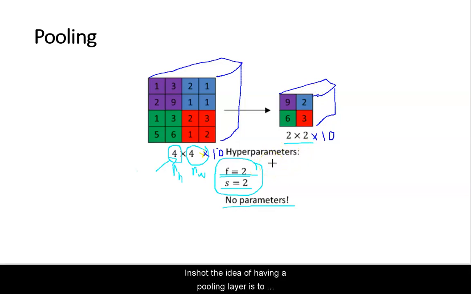So in short, the idea of having a pooling layer is to progressively reduce the spatial size of the representation, to in turn reduce the number of parameters and computations in the network. Or in short, it is a way to perform dimensionality reduction, where you can see how my NH and NW, that is the height and width of my original input image, is now being decreased.